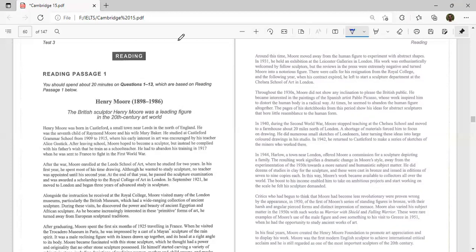I think in the third sentence, after leaving school, Murray hoped to become a sculptor, but instead he complied with his father's wish that he train as a school teacher.